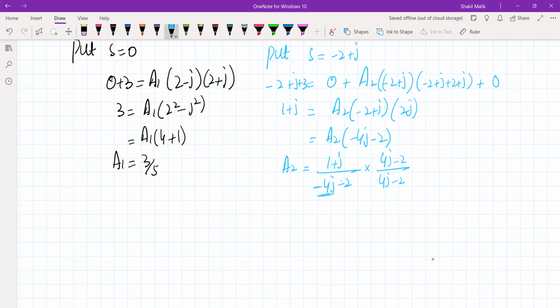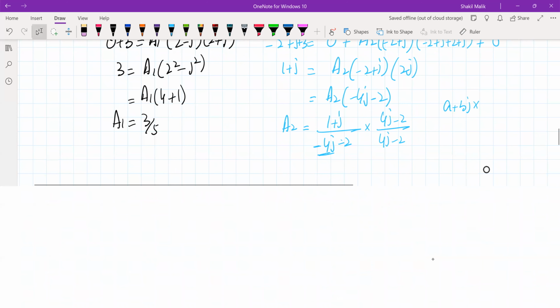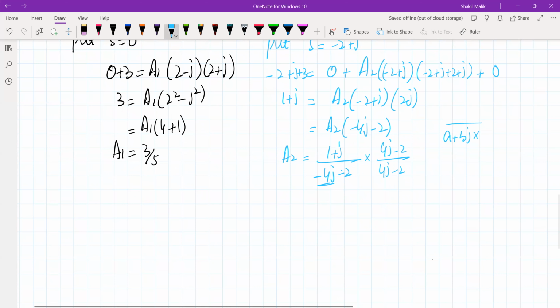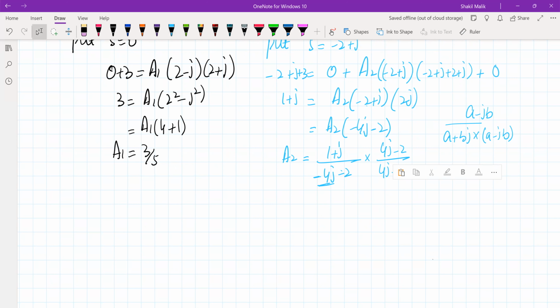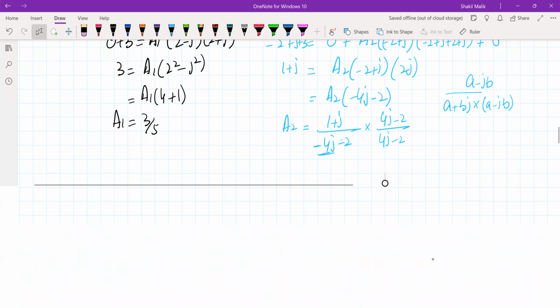If this is minus 4j here, we'll do it plus j like that. So if it is a by (a plus bj), we'll multiply the numerator and denominator by (a minus bj), or (a minus jb), because we want to eliminate the j terms in the denominator.